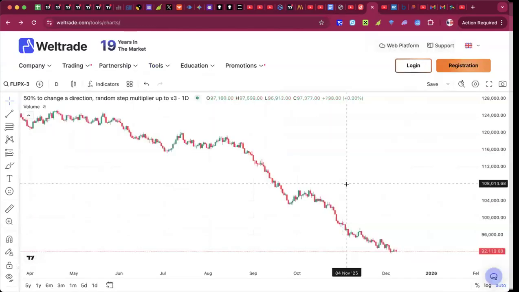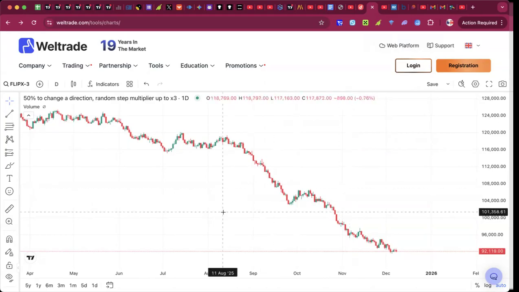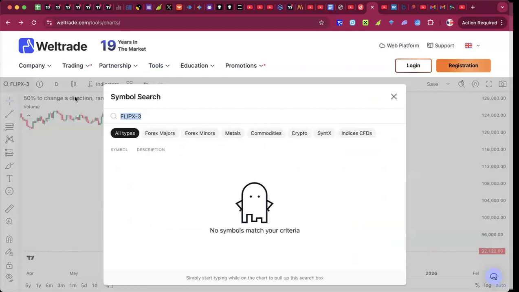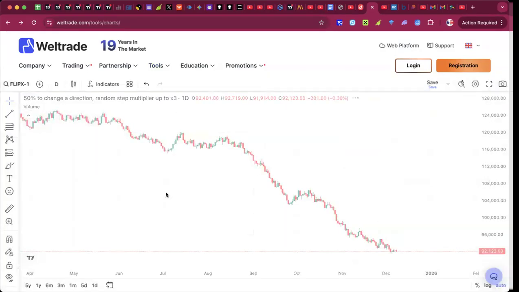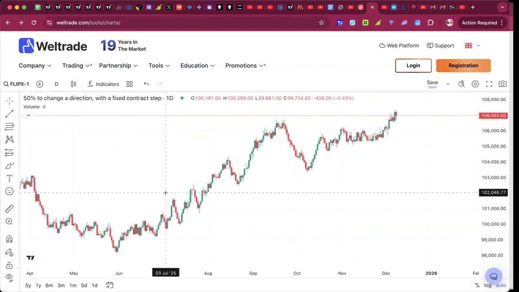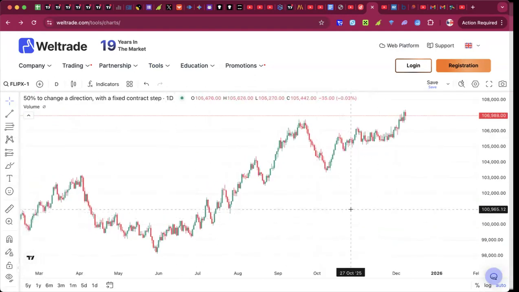Okay, so just limit your exposure. So I'm going to show you, I don't trade Flip One, it just disgusts me. But let me just open it so we can see. Sometimes it could have a very beautiful structure.